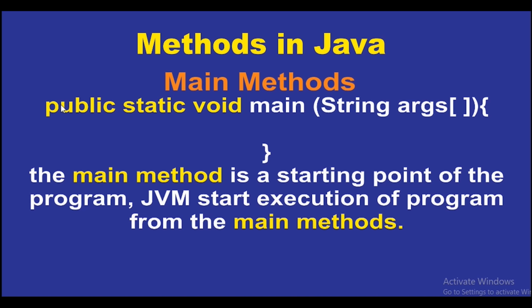Static means it can be invoked by the Java Virtual Machine without creating an object. Void is the return type of the method. Main is the name of the function. The JVM identifies main and starts execution from it. And this String parameter accepts string input that can be provided at runtime.